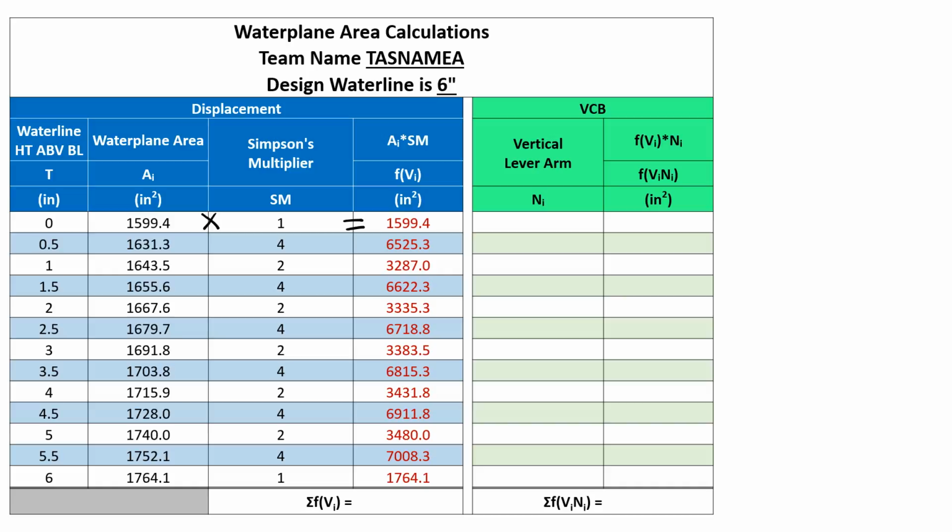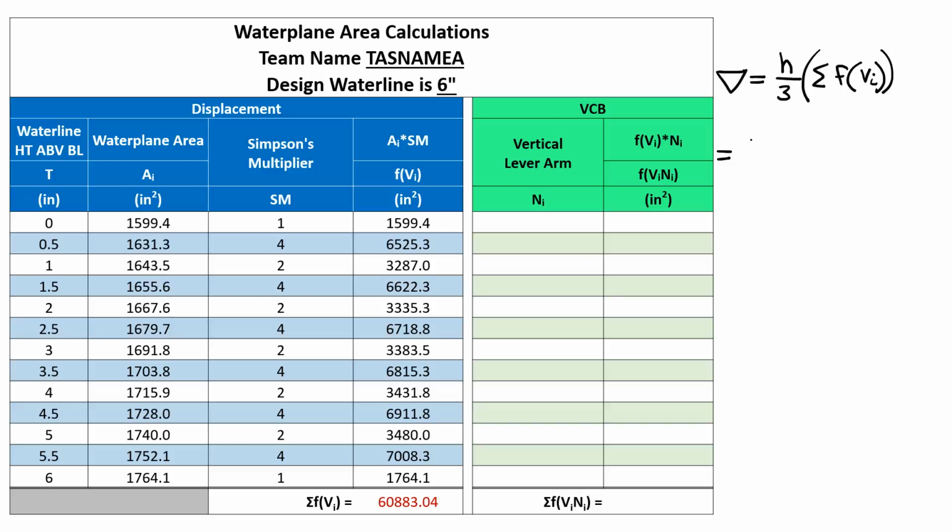Finally, I sum the column and plug this total into my volumetric displacement equation. My volumetric displacement, which is going to be symbolized by this upside down triangle called del, is equal to the water plane spacing divided by 3 times the sum of the Simpson's multiplier times the water plane area.